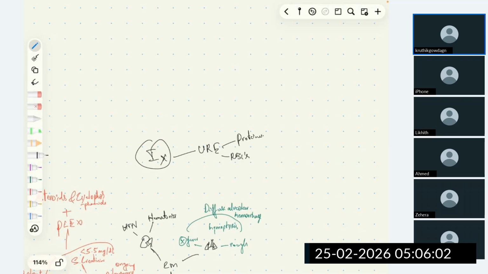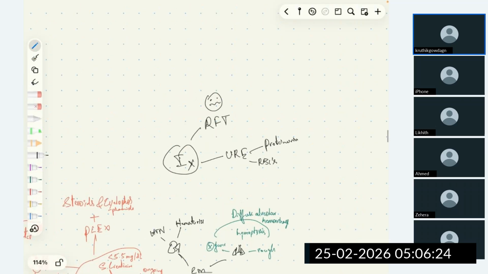All things are the same. When we do RFT, renal function test, it will be severely impaired compared to acute proliferative glomerulonephritis. We already touched on this point in the morning session. Renal function test will be more severely impaired than the acute one in rapidly progressive glomerulonephritis.